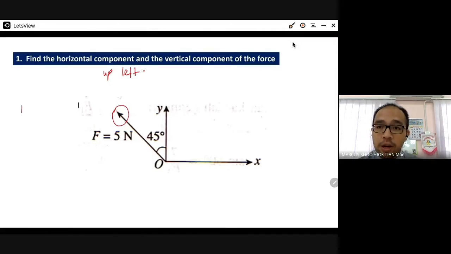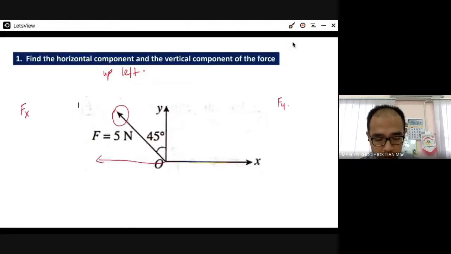I already wrote down Fx on my screen, but what shows on your screen is taking forever. So the Fx is this way to the left, but of course it is in a different direction.